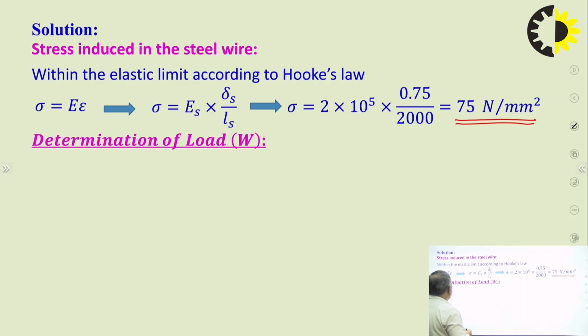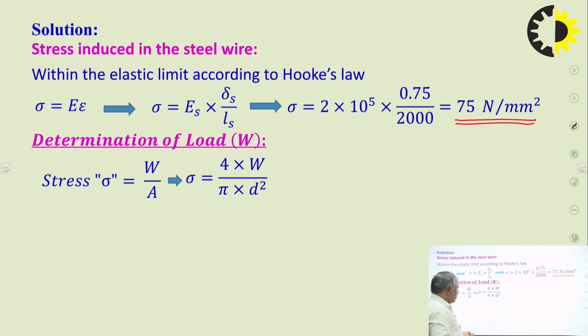Right. So for the determination of W, stress is equal to W upon A. Here sigma is equal to 4 times W upon pi into D square. So 75 Newton per mm square equals 4 times W divided by pi into 3 square, since the diameter of the steel wire is 3 millimeter.